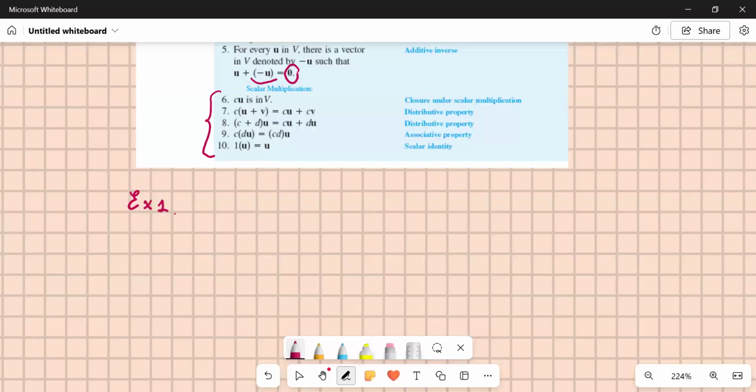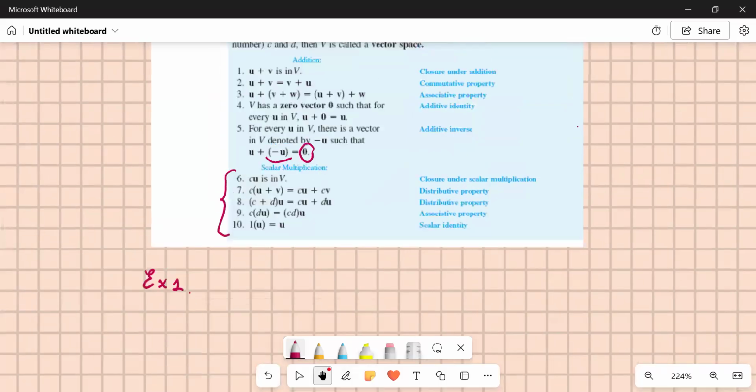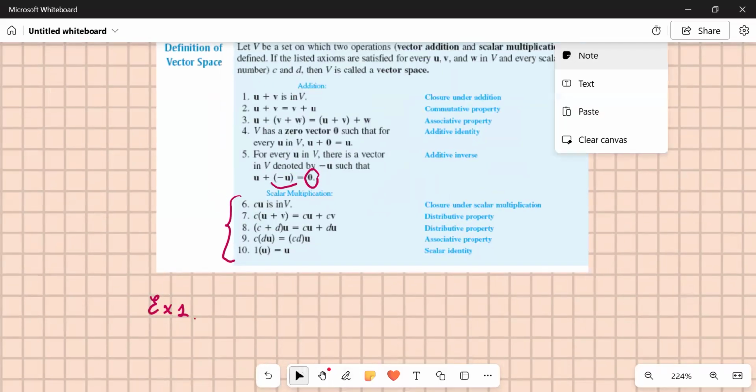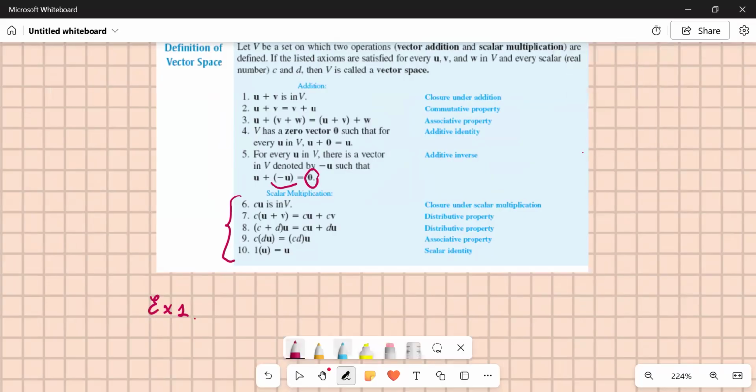This example is going to consist of the following operations. And by the way, I did not tell you something. In this notation, in this picture, they don't tell it. But actually, this addition is a special vector addition. It's not necessarily supposed to be our regular addition as we understand it.